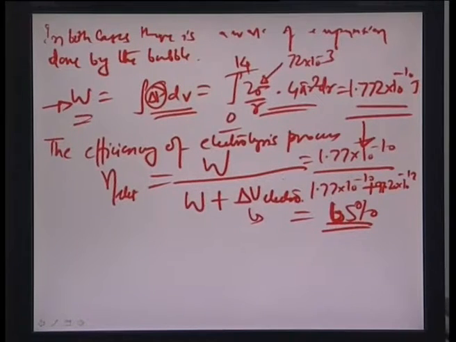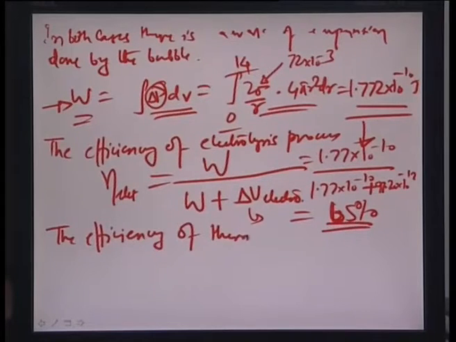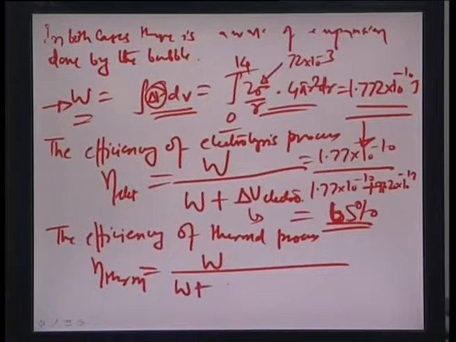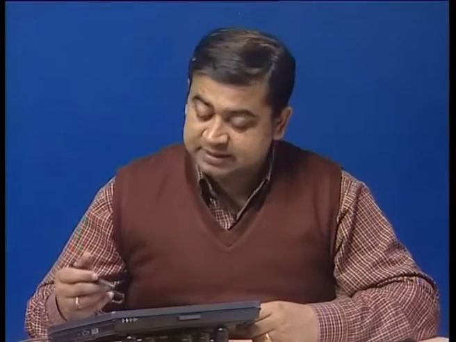However, if you look at the thermal efficiency in generating the bubble, let us call it N therm, it is equal to the work done divided by the work done by the small sphere plus the internal energy change by thermal means required for generating that amount or size of gases which can cause the bubble to be about 14 microns in diameter.